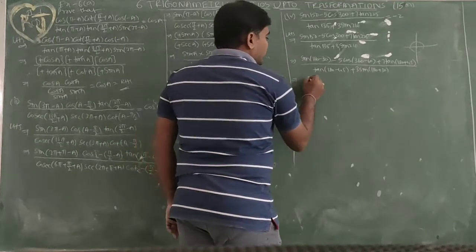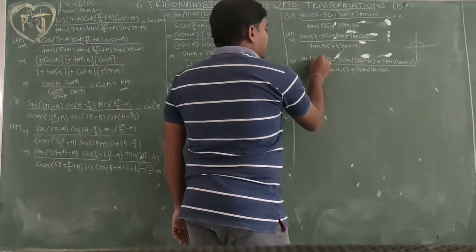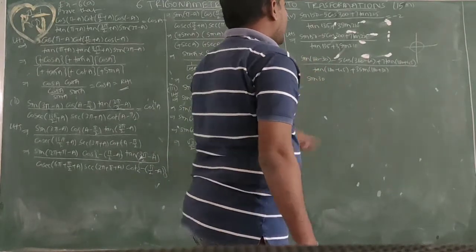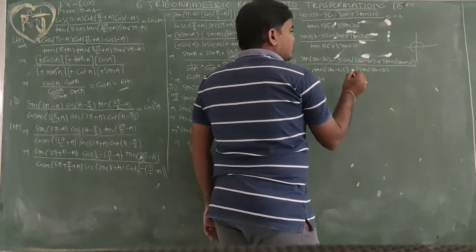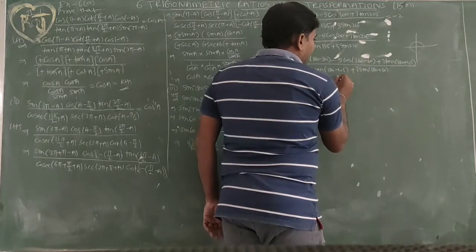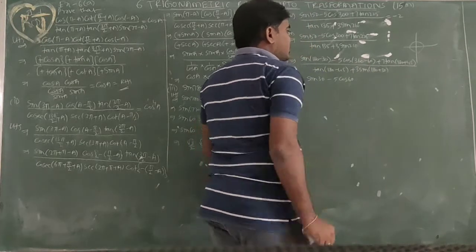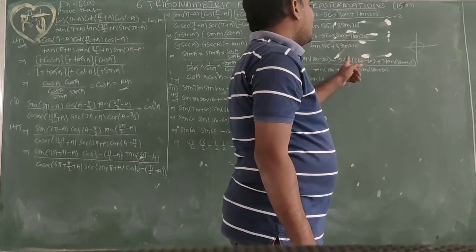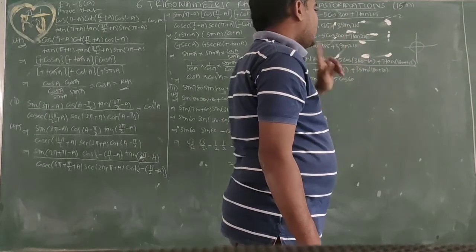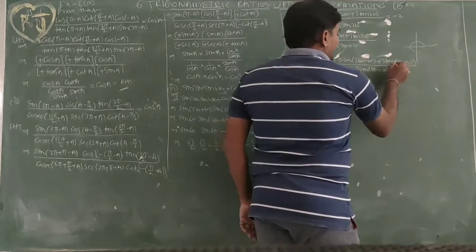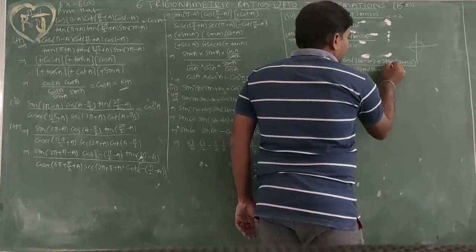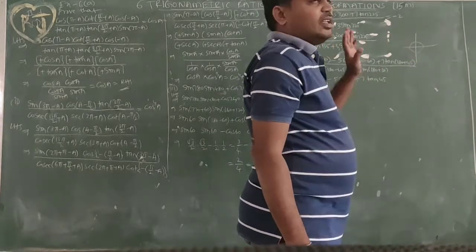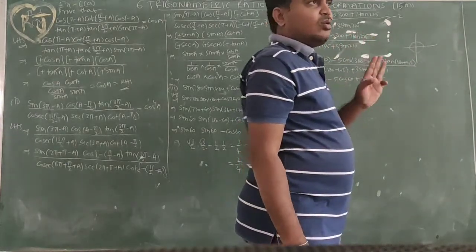So sin 30, for 180 it will be sin. 180 minus is the second quadrant, positive. For 360, minus 5 cos 60. Once 360 minus theta lies in the fourth quadrant, cos is positive, plus into minus, minus. Next, 7 tan 45. 180 plus theta lies in the third quadrant.